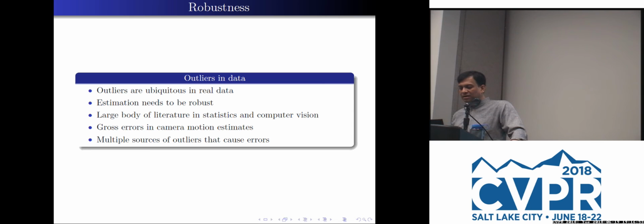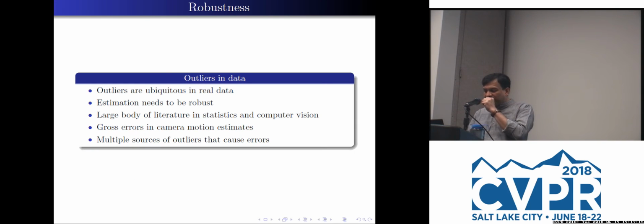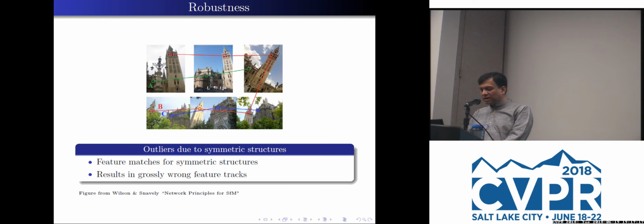In other words, if I give you these individual motions xij's, some of them can be completely wrong, because they're poorly defined for some reason or the other. And if they're completely wrong, then if you take the least squares average, you're going to be in trouble. So let me point out a few scenarios.